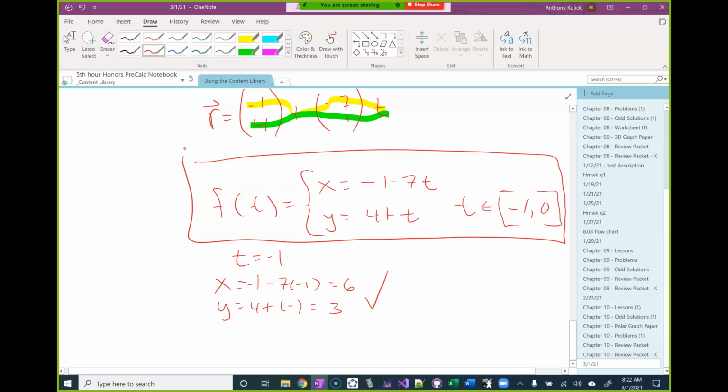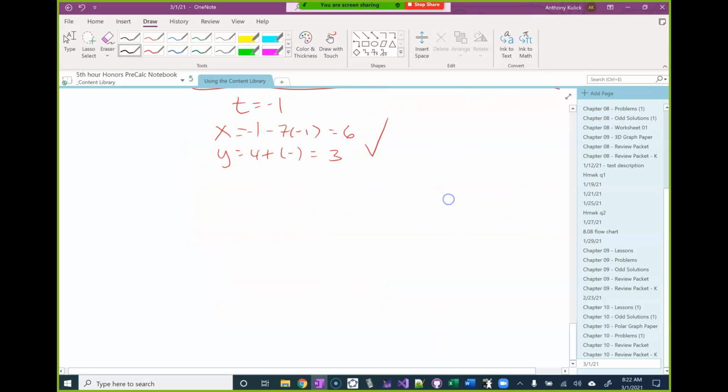But it's always going to be either 1 or -1, which is the nice part about using the vector equation for a line, is that you know what that parameter interval is going to look like. It's always going to be a unit interval. Okay with that? All right. On to section 10.2.